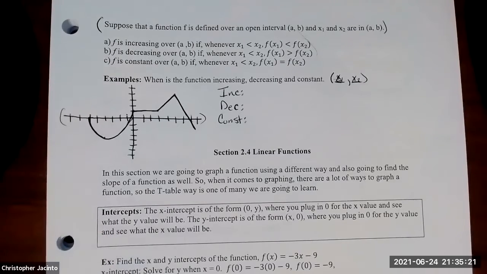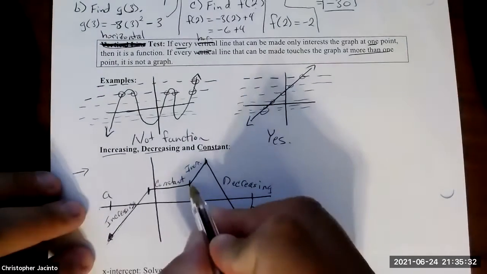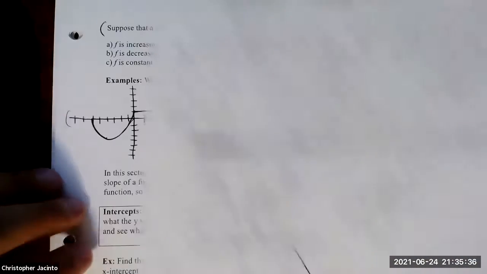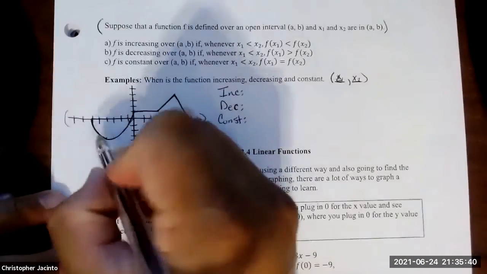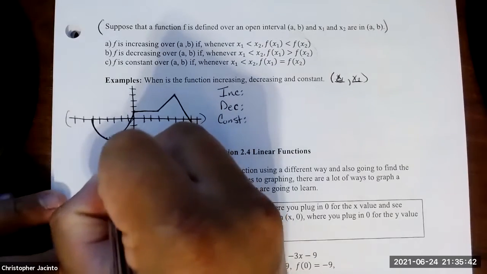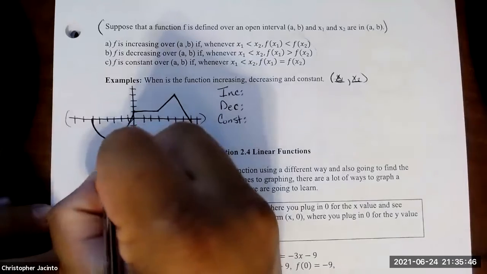Now, what I always like to do, just like we did on the other one, is try to mark where the changes are in the graph, with a little marker here and there. So, for example, here we go down, and eventually at this point it changes direction, so this is a special case.